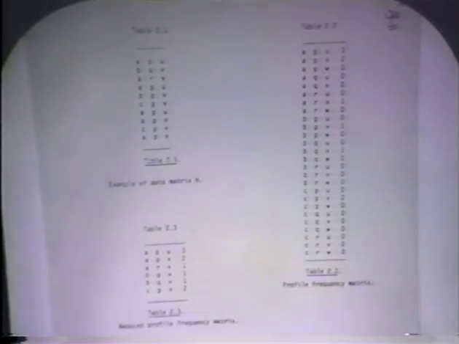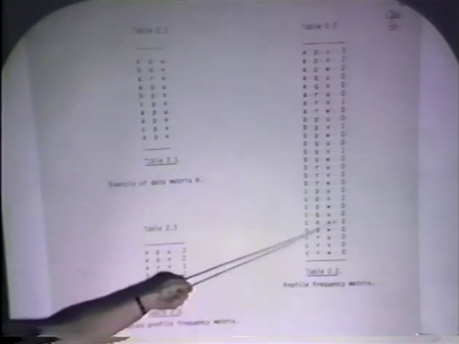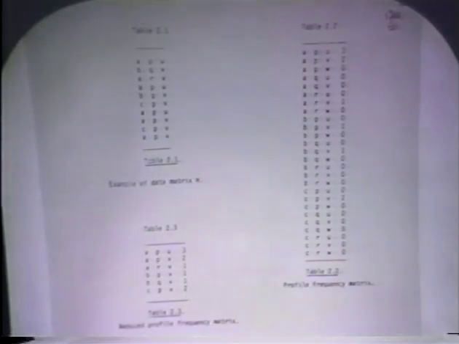This is called the profile frequency matrix. We've already encountered this in the Japanese religion example that you may remember from yesterday, with 6 binary variables. In this case, 3 ternary variables, if that's the correct expression. There are 27 possible answer patterns. The reduced profile frequency matrix you get from this one by deleting all patterns with 0 frequency. You have this here. That's also a familiar way of coding this data matrix.